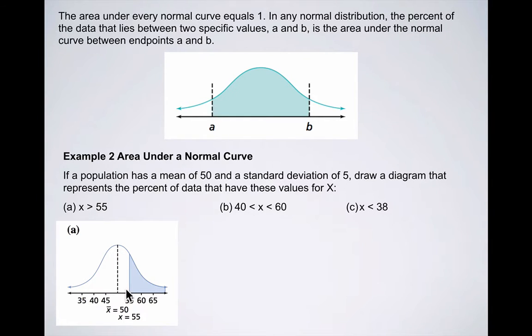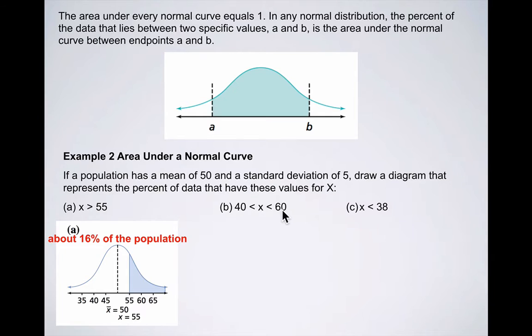Remember that 68% of the data lie within 1 standard deviation of the mean, which means that between the mean and 1 standard deviation above the mean represents 34% of the data. So that means there is going to be 16% above this. So 16% of the population has a value that is greater than 1 standard deviation above the mean.